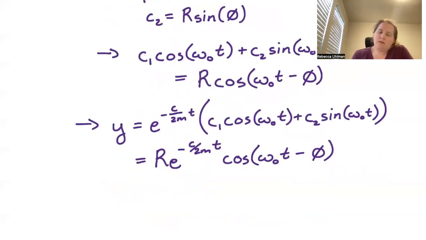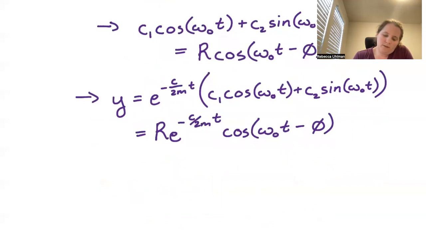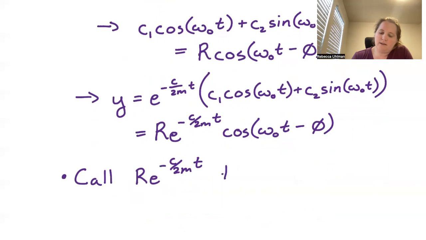So what we have here is our amplitude changes with time. So we call R e to the negative c over 2m t the time varying amplitude.